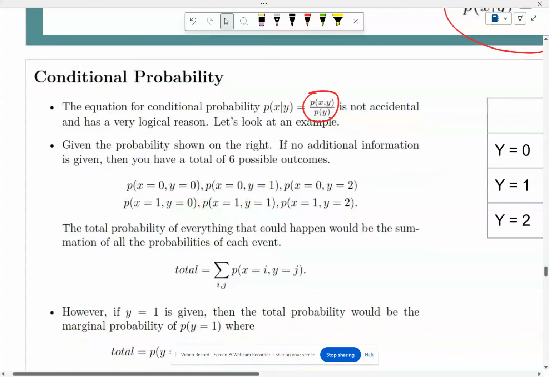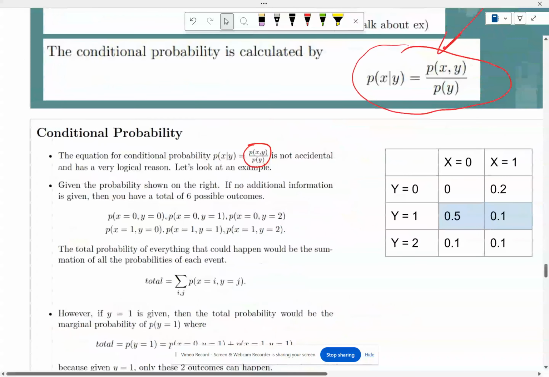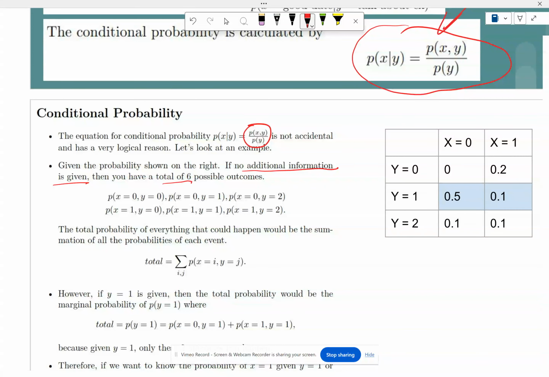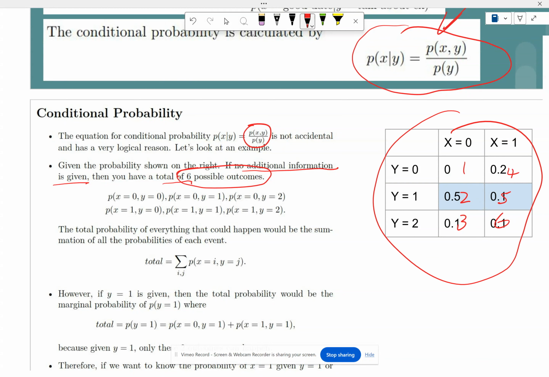Given the probability shown on the right, if no additional information is given, then you have a total of 6 possible outcomes, right? 1, 2, 3, 4, 5, 6. So this is the original data. And if I don't tell you anything, no information is given, then you will just have 6 possible outcomes.